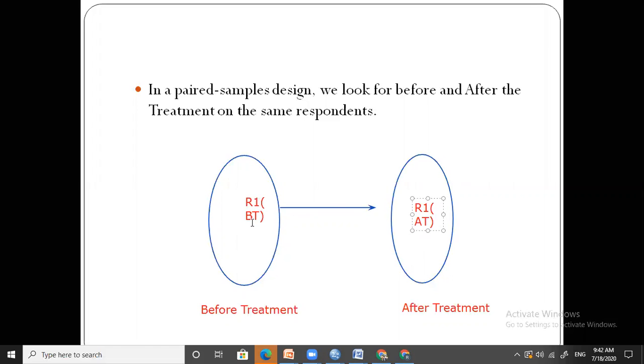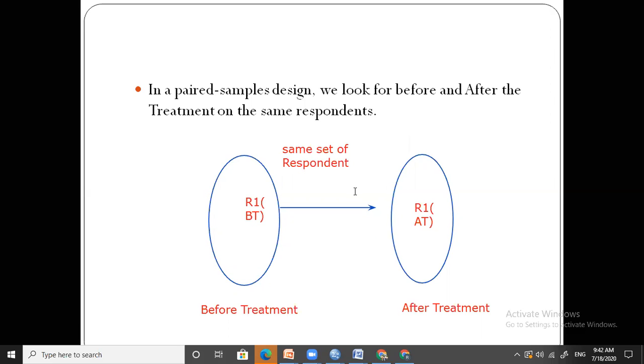So the set of respondents is always the same, and this point should be taken care of.